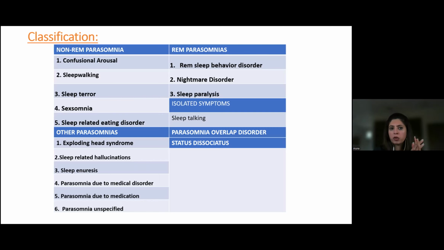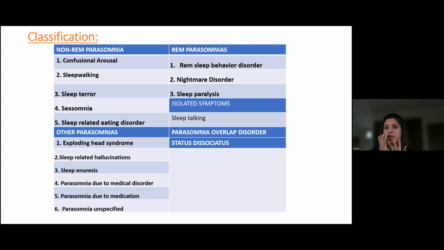And these are what you will commonly come across in the clinics. Most of these are more common in pediatrics. We're going to talk about that in detail. REM parasomnias, you will come across, but they are much less common. Sleep paralysis, you would have probably even noted amongst yourself.